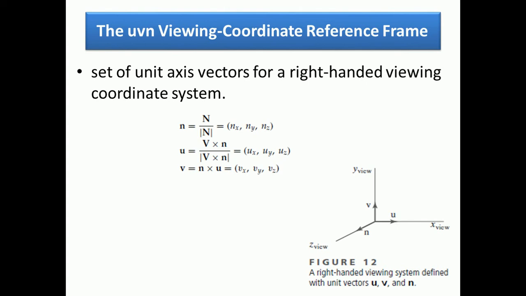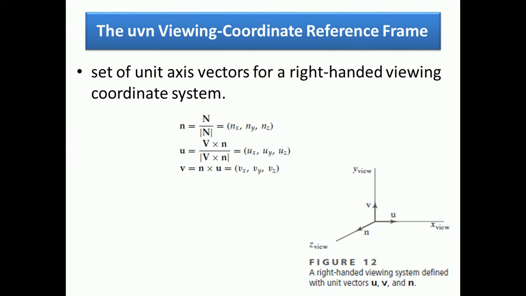Because the view plane normal, that is capital N, defines the direction of the Z view axis, and the view up vector V is used to obtain the direction for the Y view axis, we need only determine the direction for the X view axis, right? Using the input values for capital N and capital V, we can compute the third vector, that is capital U, that is perpendicular to both N and V. So this is very important.